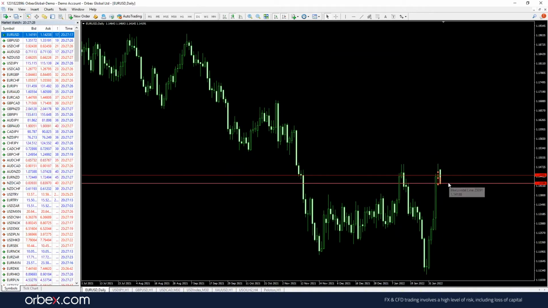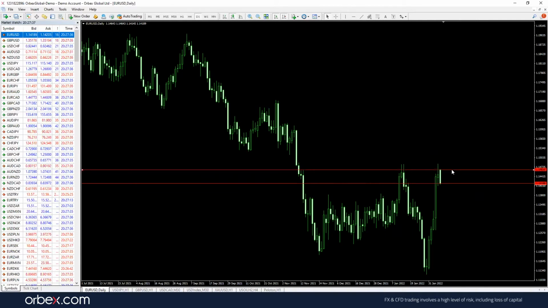The daily chart shows everything that has moved for the whole day so far. If I go to the top of this candlestick for the current day, and the bottom, we've got 1.14644 against 1.14150.